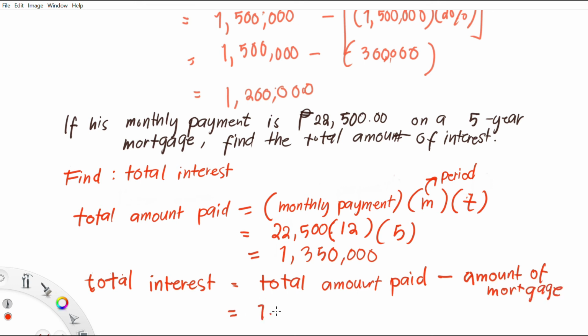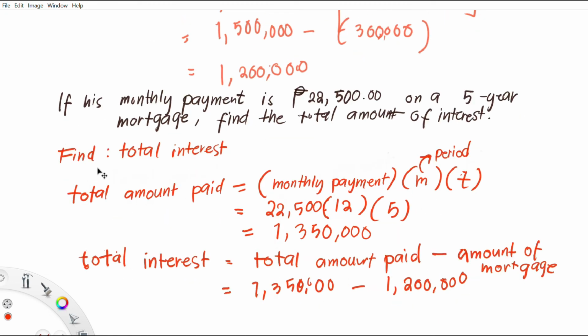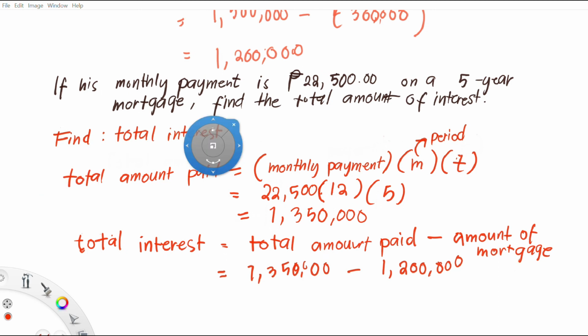So we have 1,350,000 minus 1,200,000. So we have 150,000 pesos.